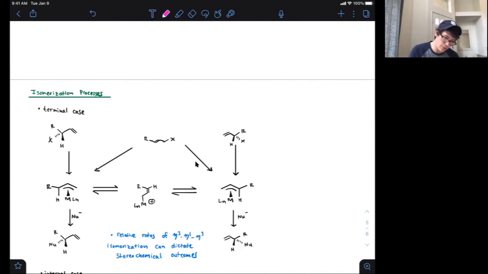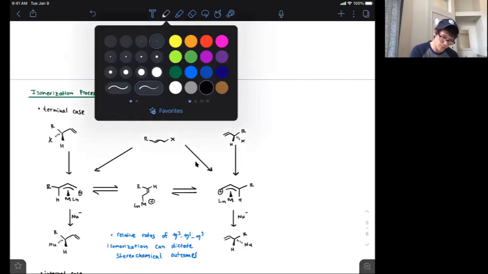The one that probably immediately comes to everybody's mind is undergoing a haptotropic shift from eta-3 to eta-1. I'll draw these all as cationic just to be consistent.